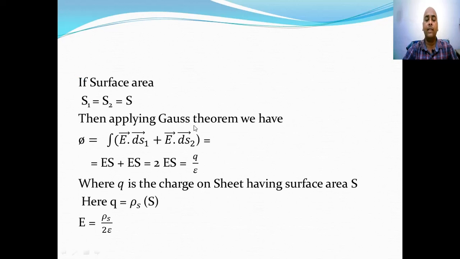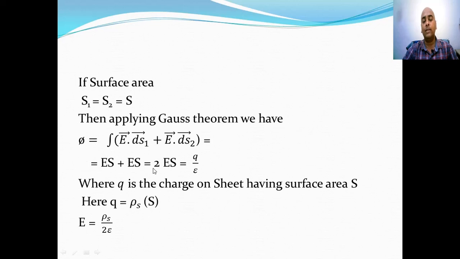So again E dot ds2 will be E into S, and it will come out to be a positive term, because for E dot ds2 the direction of E as well as the direction of ds2 is reversed or opposite as compared to E and ds1.